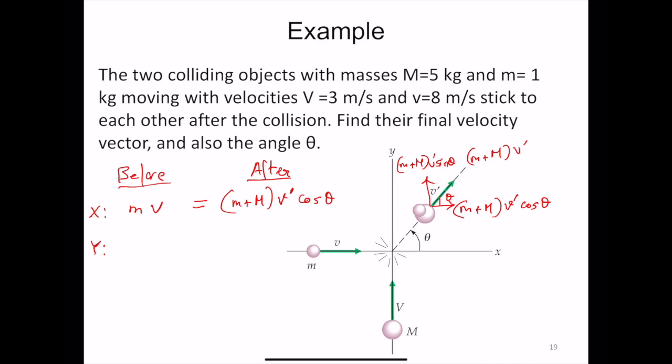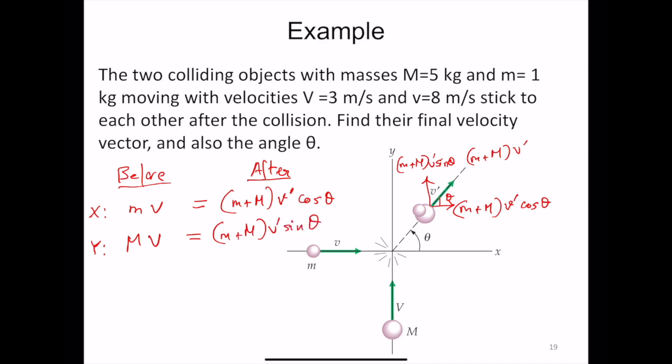That's one equation. There are two unknowns here, v prime and theta, so I have one equation for two unknowns. I just need one more equation, and it comes from the y direction. The total momentum in the y direction before the collision is capital M, capital V, and after the collision it is (little m plus capital M) v prime sine theta.